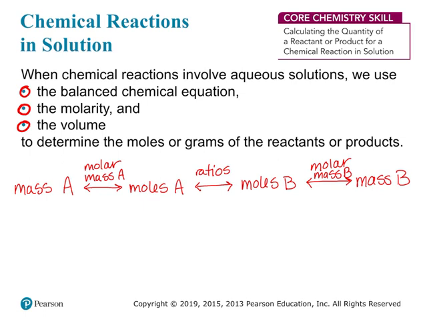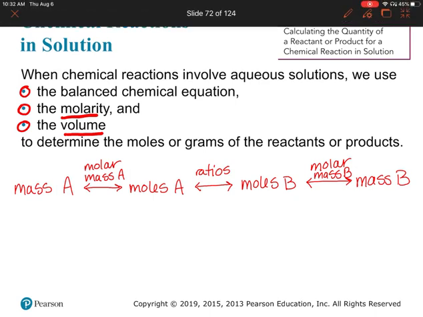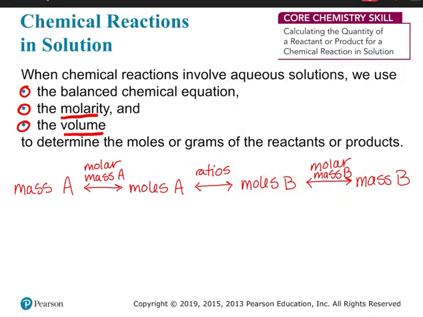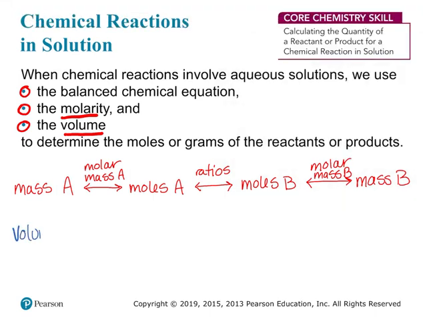But we were just told with aqueous solutions we want to use molarity and volume. So we're going to add on to this flow chart. We could start with a volume instead of a mass, and then we can convert that to moles using molarity.